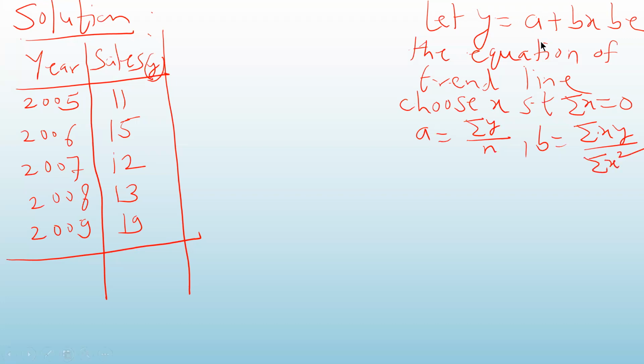Okay. So Y is equal to A plus BX is the equation of trend line. The values of A and B are given by this formula. A is summation Y upon N and B is summation XY divided by summation X square. These values we get by solving the normal equations. And in the normal equation, we put summation X equal to 0. This much you have to remember.